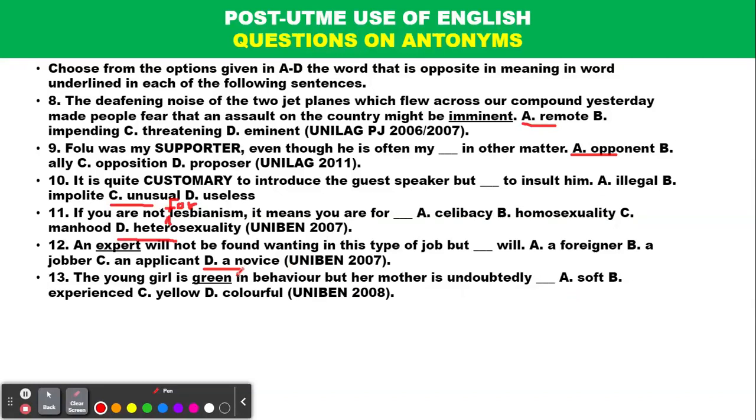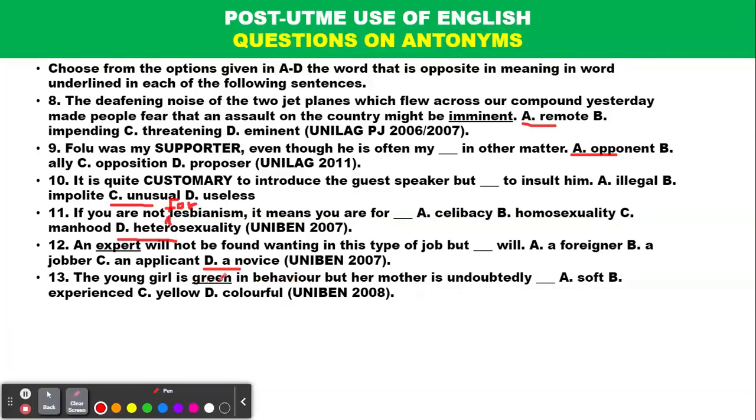Now, the word green here is used metaphorically, or idiomatically. It does not refer to the color, it refers to somebody who is fresh, inexperienced in behavior. So we are looking for the opposite of inexperienced or fresh. The young girl is inexperienced or immature.